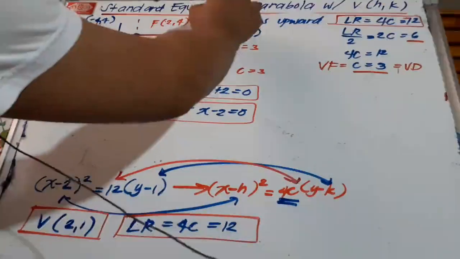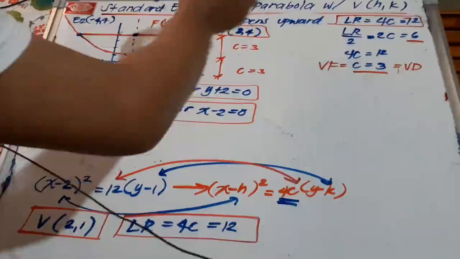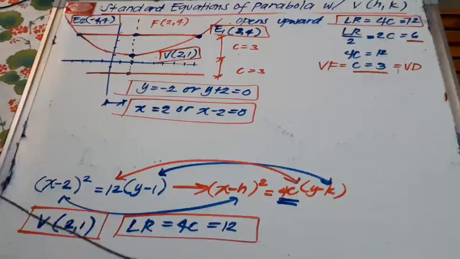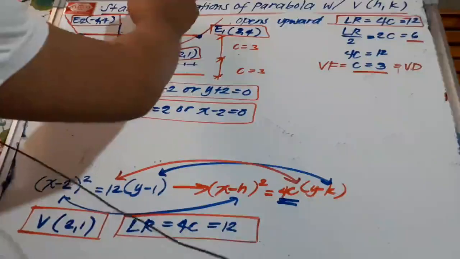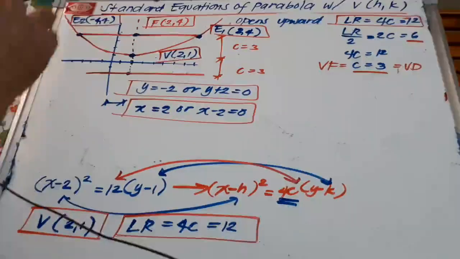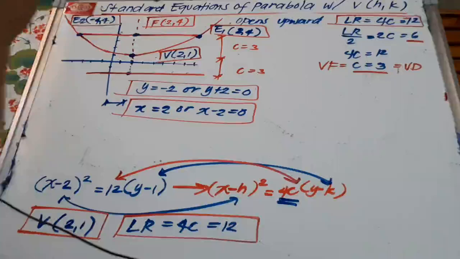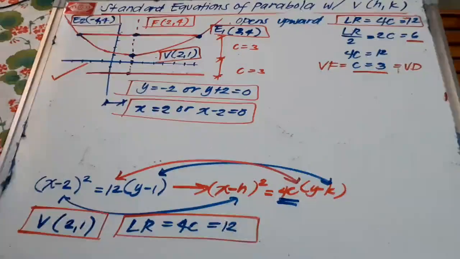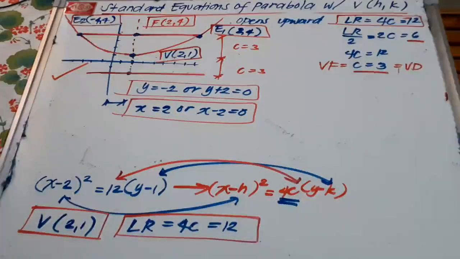Nakuha na natin yung endpoints of the latus rectum. What else? We have also the focus. And then, alam na rin natin, napakita natin, we have the sketch of the graph. So, we have completed kung ano yung nire-require sa atin nung example number 1.